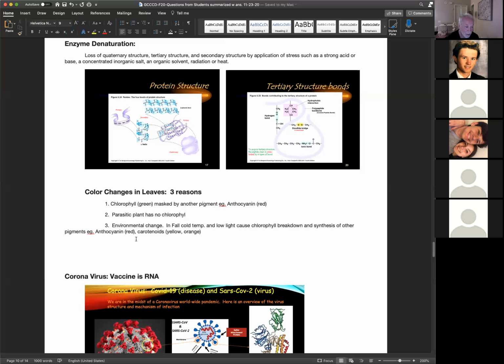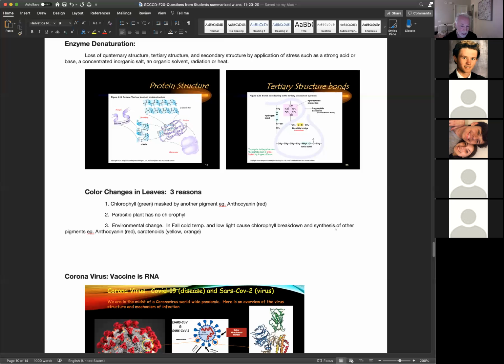Or you may see a non-green plant because of environmental change. For example, in the fall, which is where we are right now, there's lower light and lower temperature, and that causes chlorophyll to break down. And other pigments can be synthesized instead.